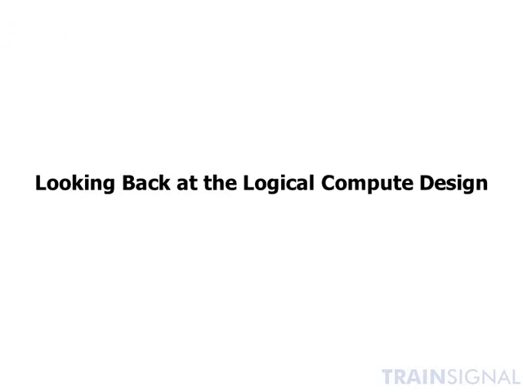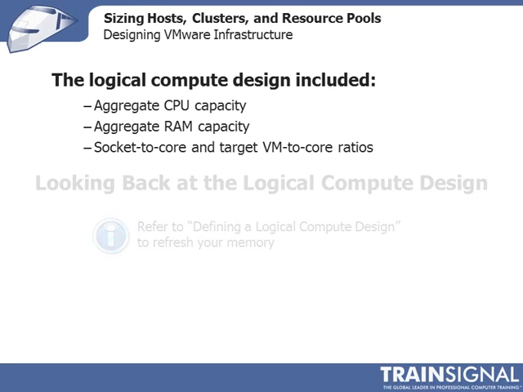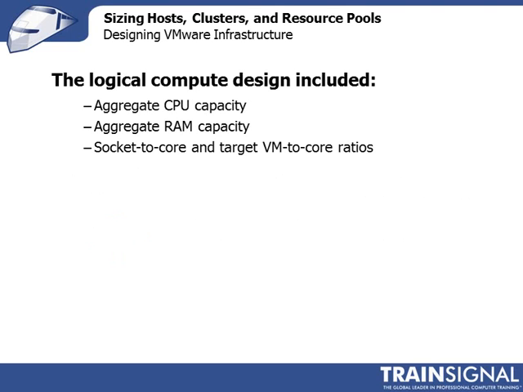If you need a refresher on the information that was included in the logical compute design, I'll refer you to the lesson titled Defining a Logical Compute Design so that you can refresh your memory on what we defined when we defined the logical compute design. What we included there and what we derived from the design factors in creating that logical compute design was first a total CPU capacity, an aggregate CPU capacity, typically expressed in some gigahertz of CPU cycles necessary in order to process or support the processing of the workloads.